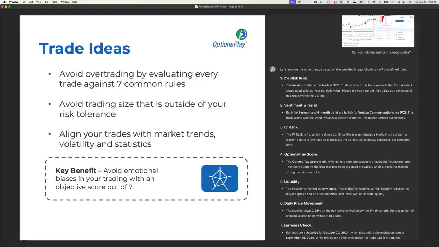And the great thing about ChatGPT is that your check history is always available. So after you close out a trade, maybe you could always go back and say, hey, when I entered this trade, what was the score? Was it a 6? Was it a 3? And you can kind of go back, and over time, you'll be able to see, hey, every single time I placed a trade when there was 6 or 7, fewer things went wrong than when I took trades when only 1 or 2 things were aligned with my trade, right? Those are the types of things that you'll be able to get out of it.